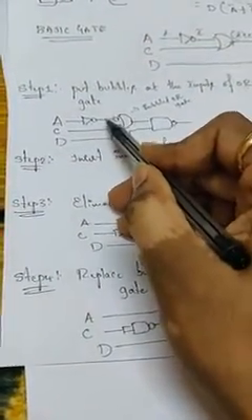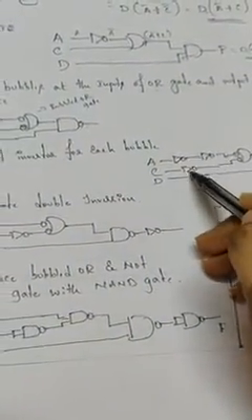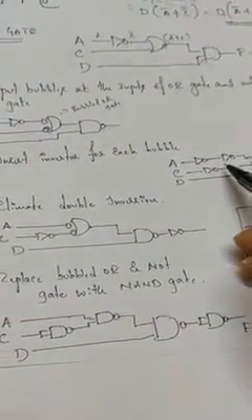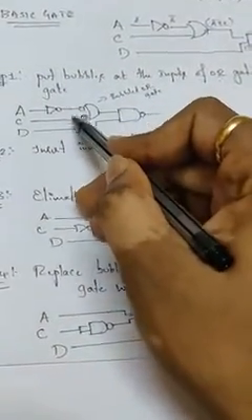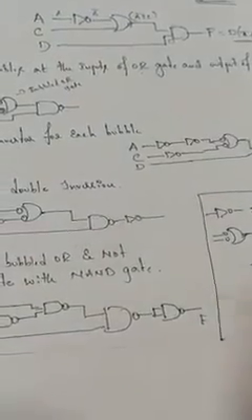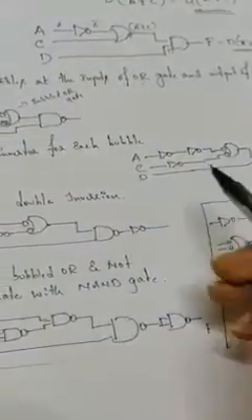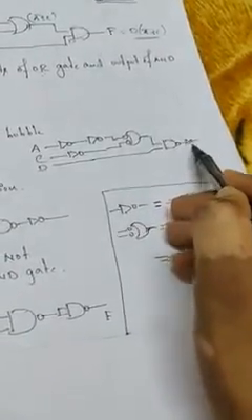So insert one inverter here and one inverter here. We added 2 bubbles for the input of the OR gate, so I inserted 2 inverters, 2 NOT gates, here and here. And I inserted a bubble at the output of the AND gate, so I'm supposed to add one more inverter here.